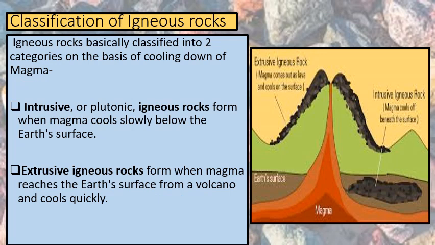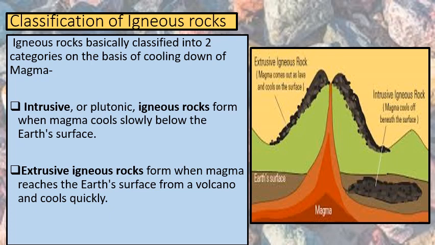There are two types of igneous rocks based on the solidification of magma that comes out from the magma chamber inside the Earth. The extrusive rocks are formed by the rapid cooling of molten magma on the Earth's surface.